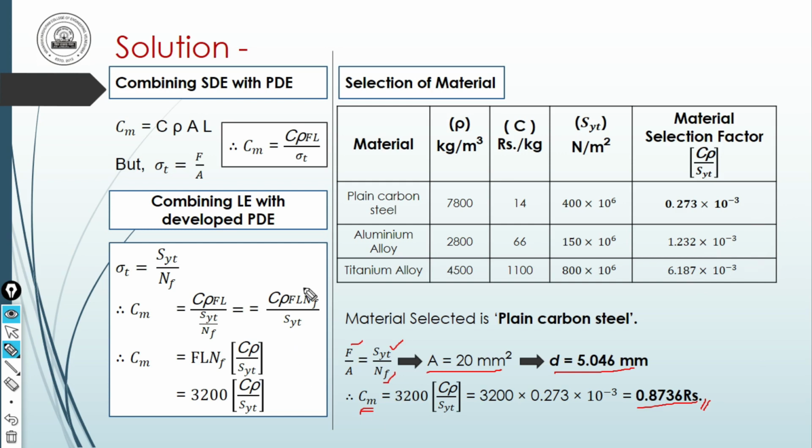Instead of that, what we have done, we have combined these equations, we have found out this material selection factor as C rho by SYT, which is dependent on all the given or known parameters in the problem statement, and we have just compared the value of material selection factor, as the Cm, that is cost of material, is directly proportional to this material selection factor.